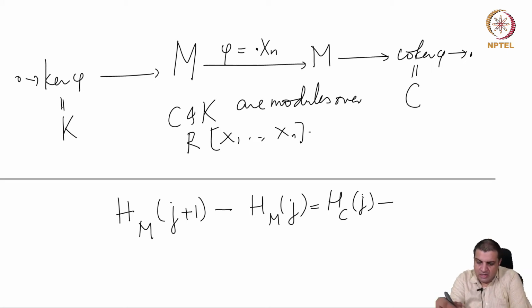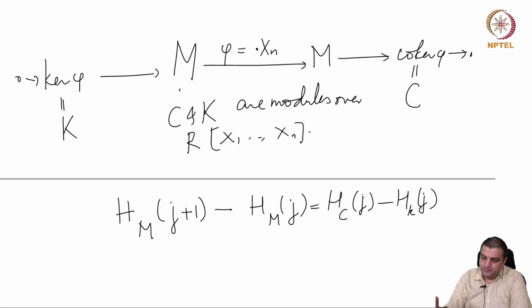In other words, the length from these two parts will be equal to the length from these two parts. And when we rewrite it, we just get h_K of j. In each degree this gives an exact sequence, but bear in mind that there is a change in degree for this map. So we get this one.